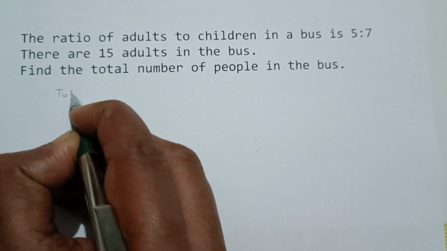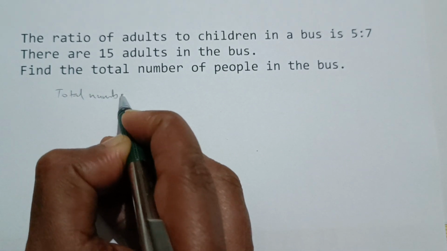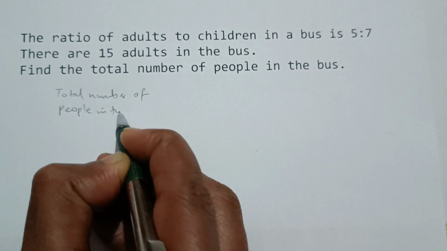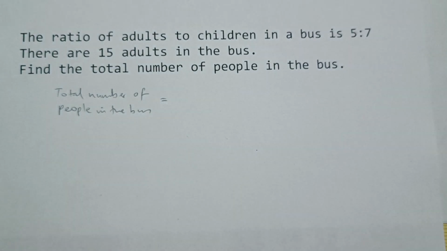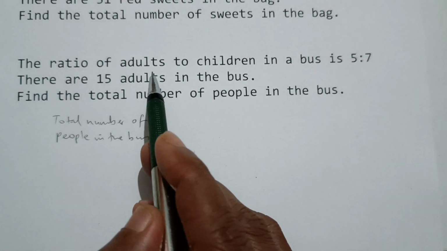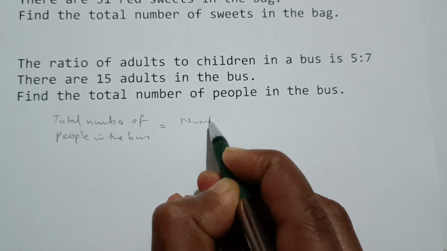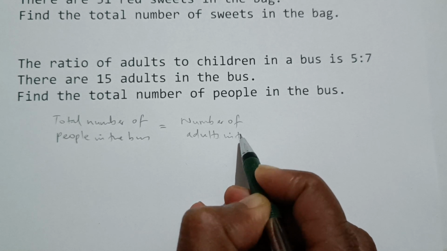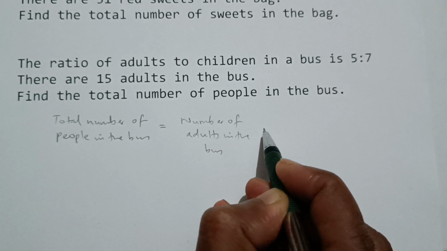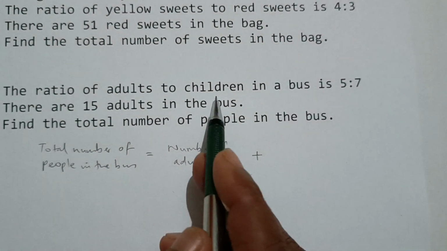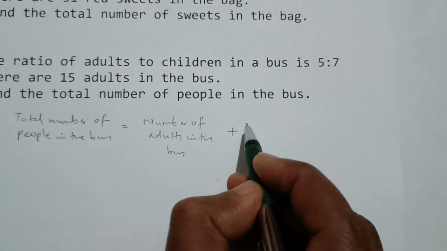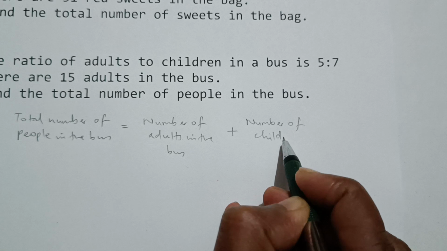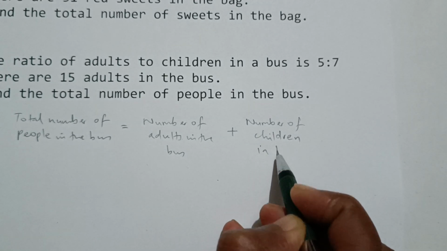So total number of people in the bus is equal to number of adults in the bus plus the number of children in the bus.